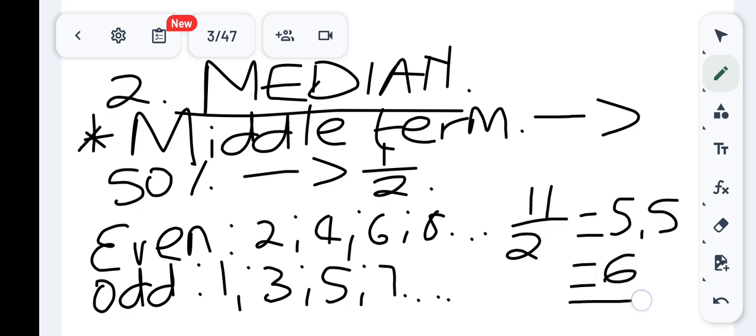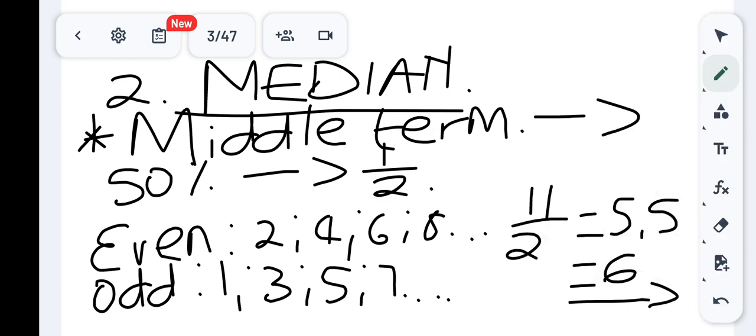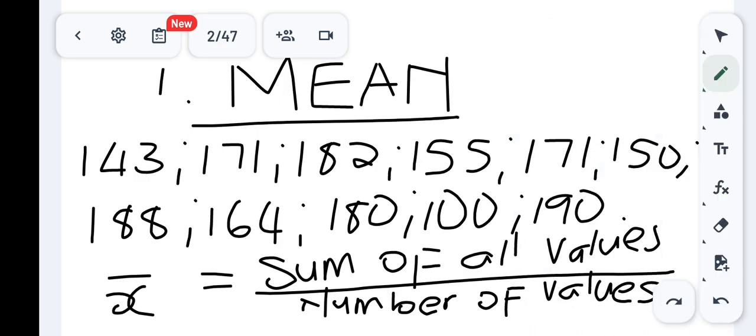This is 6, right? When we round it off, let's see which term is in position number 6 from the left hand side. So that is 1, 2, 3, 4, 5, 6. So 150 is in position number 6 from the left hand side.